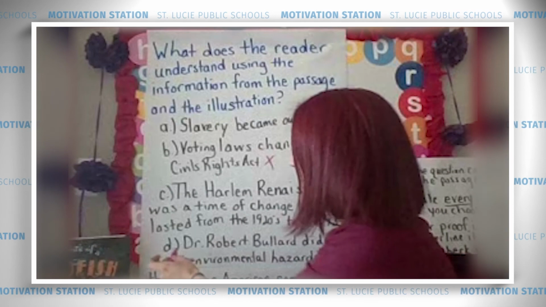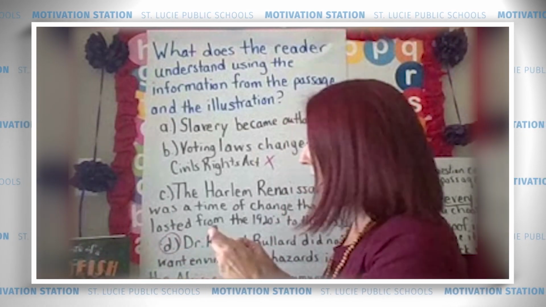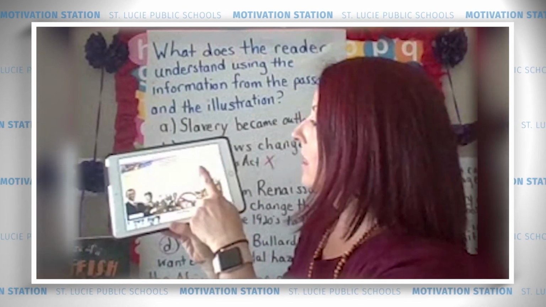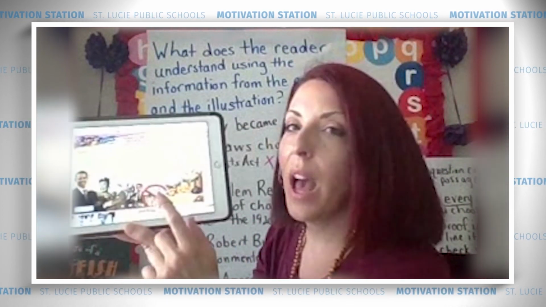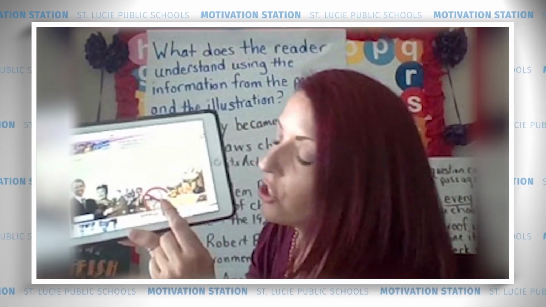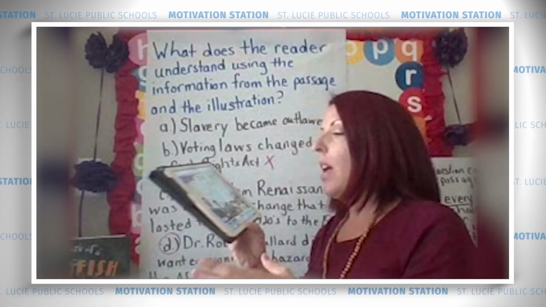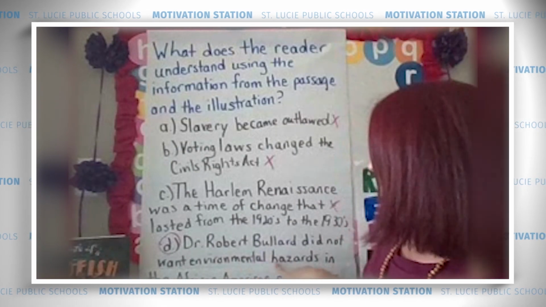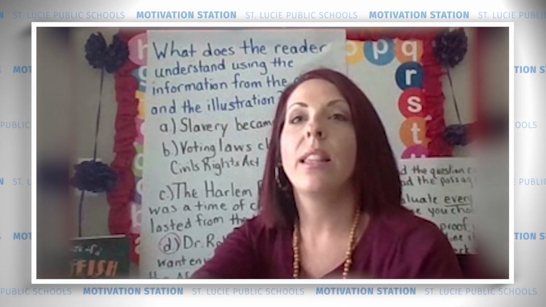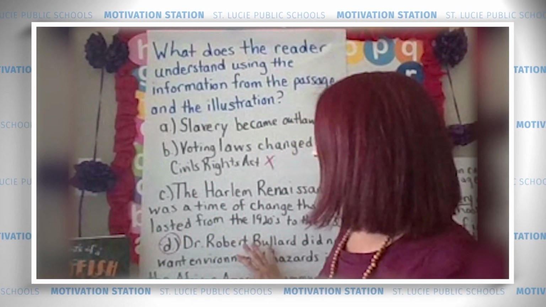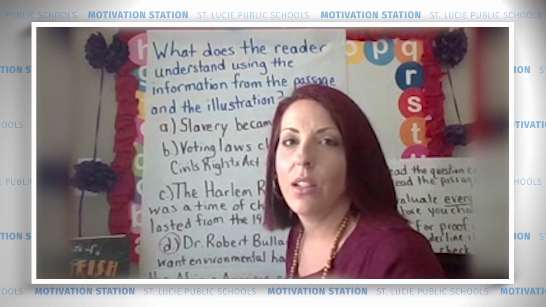That's right, letter D. And you know how the information provided by the text itself, ecology, as well as that picture, that circle with the diagonal cut through it, that's telling me no. So the information I read about Dr. Robert Bullard, as well as the actual text itself and the illustrations, support that answer.